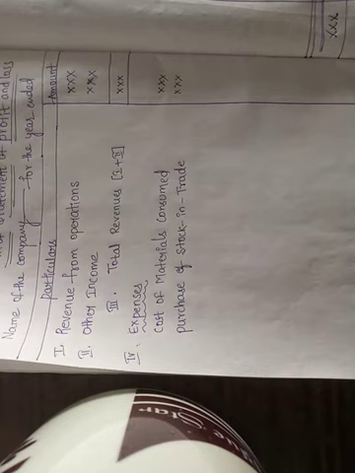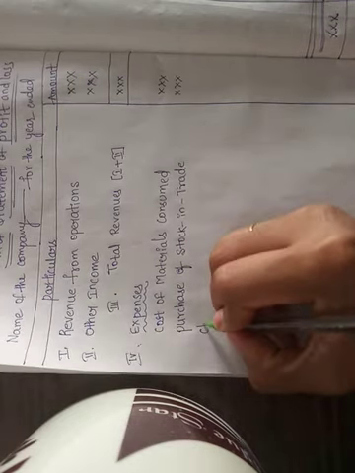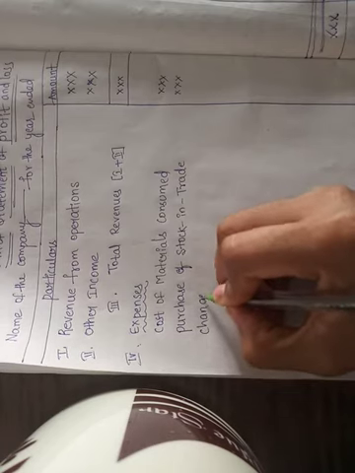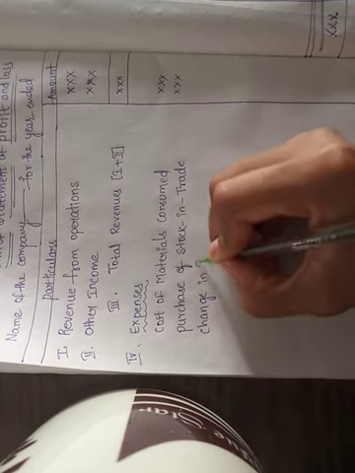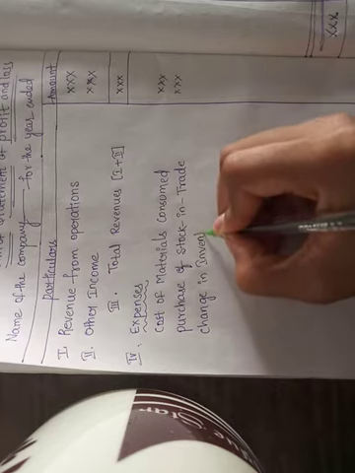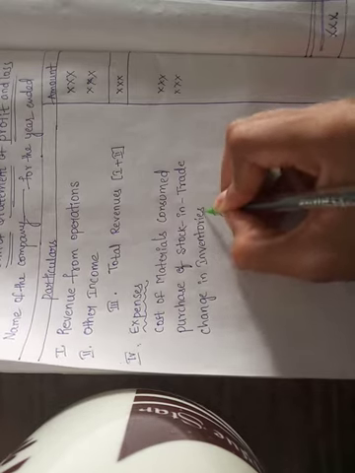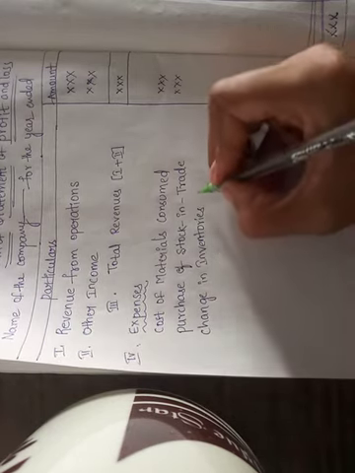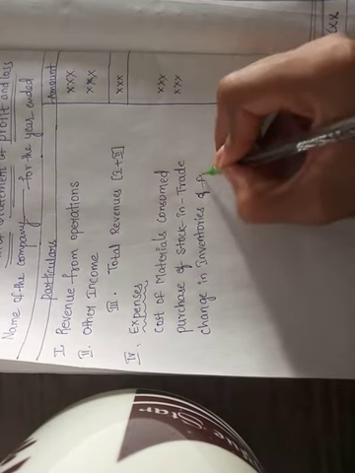Next is changes in inventories, that is, inventories of finished goods.